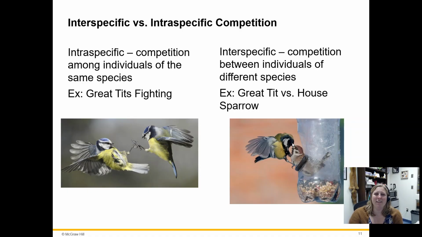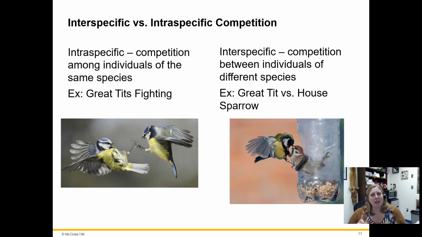Interspecific competition is when you have things like a food source and you have things like the house sparrows and the great tits fighting for the food source. Now, in this image, the house sparrow is in the bird feeder, defending the food from the great tit, and it looks almost like the house sparrow is pecking the great tit in this image. But while that house sparrow is fighting against the great tit, it's at risk of injury, right?